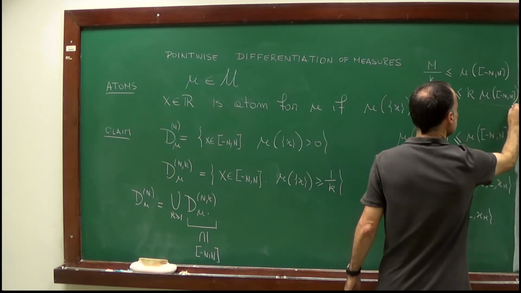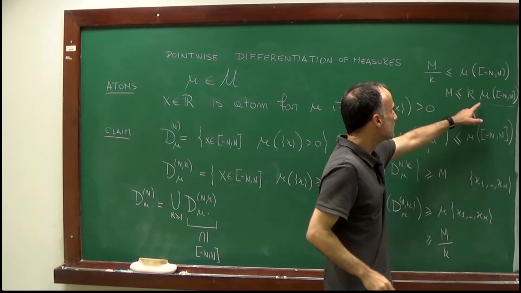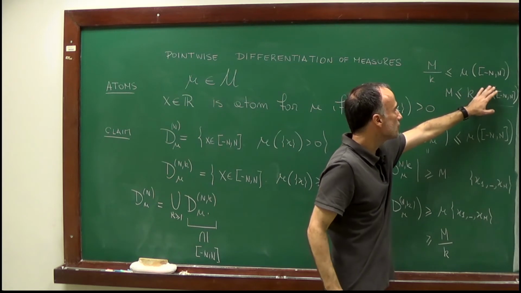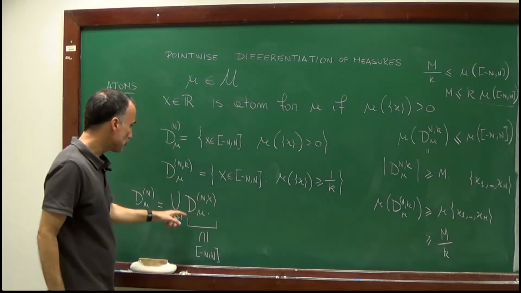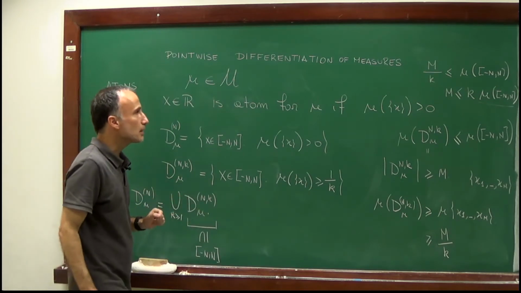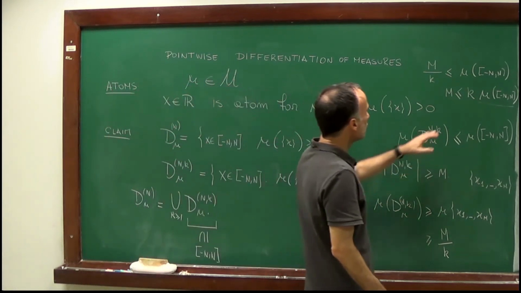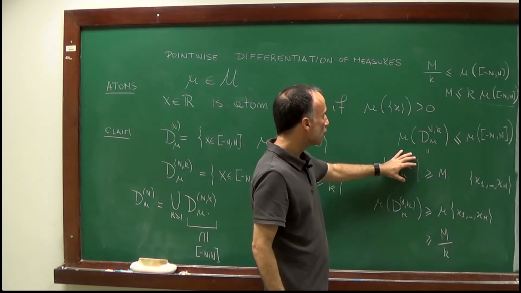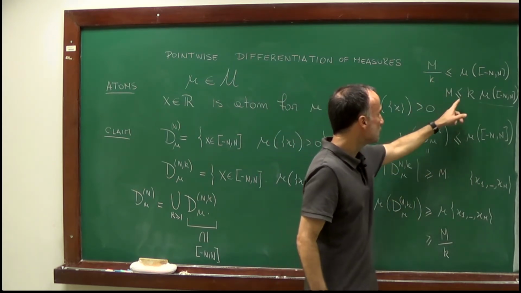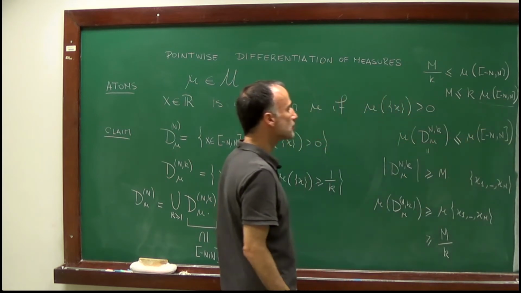Well, this is finite because mu is sigma finite, so this is a finite number. k is fixed because I want to prove that this set is countable, and what this proves is that the total number of elements of this set, m, has to be smaller than k times mu of [-n, n].